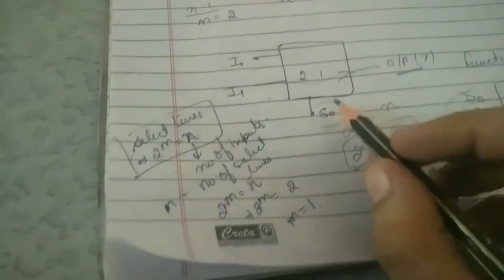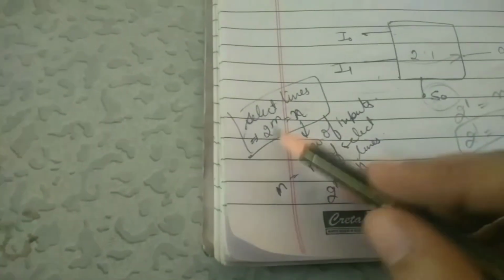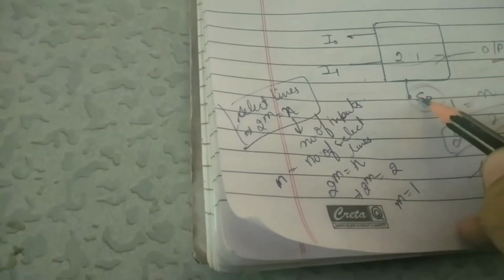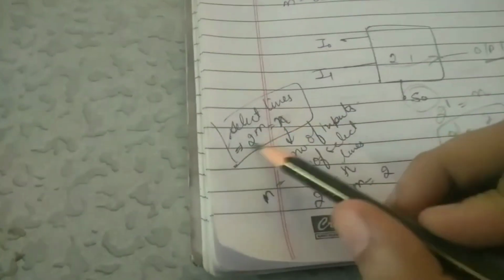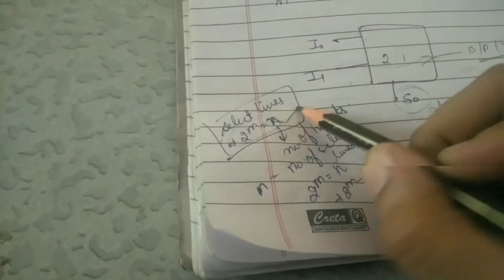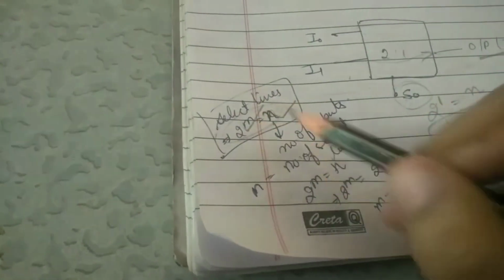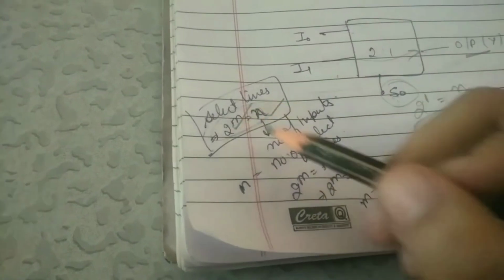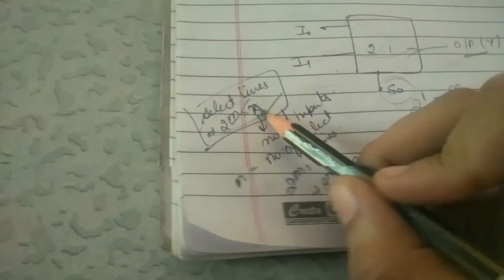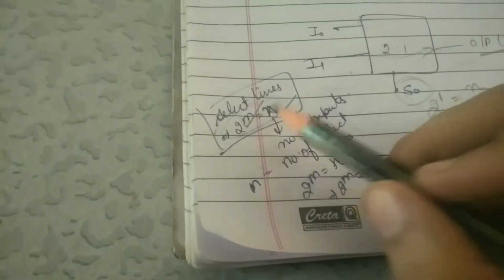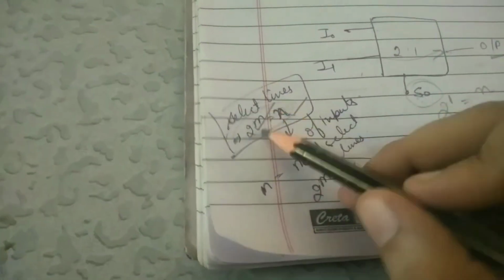And here is the formula to get how many select lines we have to take and the number of inputs. If one is given, then the second one can be easily found. If select lines are given, we can find the number of inputs, and if the number of inputs is given, we can find the number of select lines.